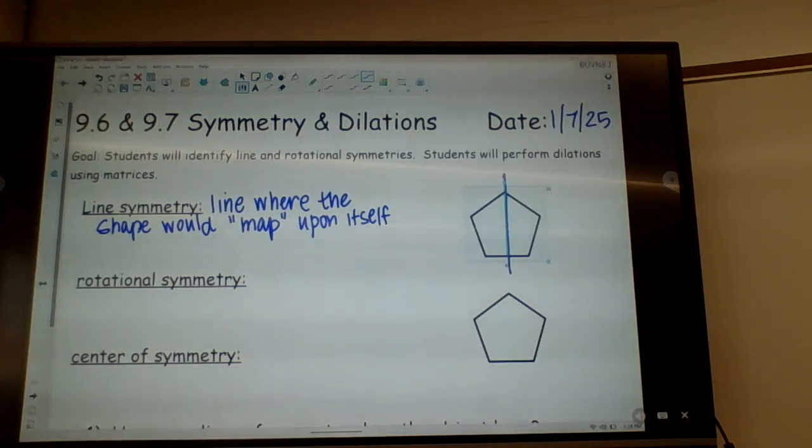So there's going to be one going through every vertex. So I can draw multiple lines of symmetry. And obviously they're not always easy to draw, they might not be right through the center, so give yourself a little bit of grace when it comes to that.